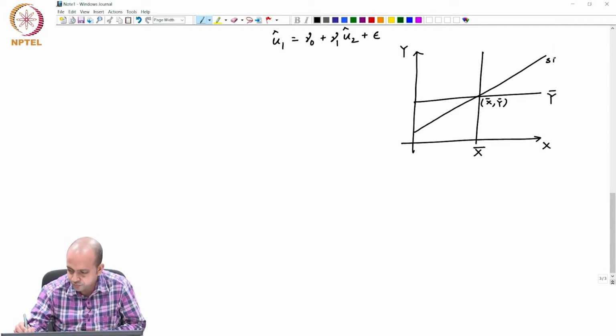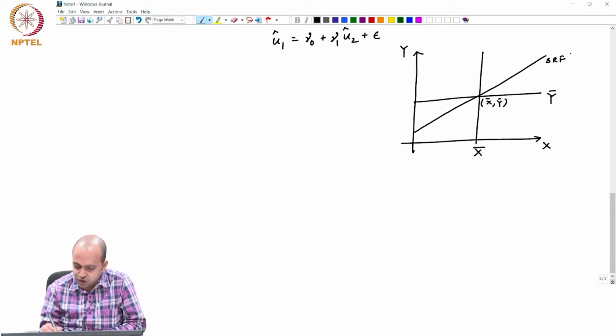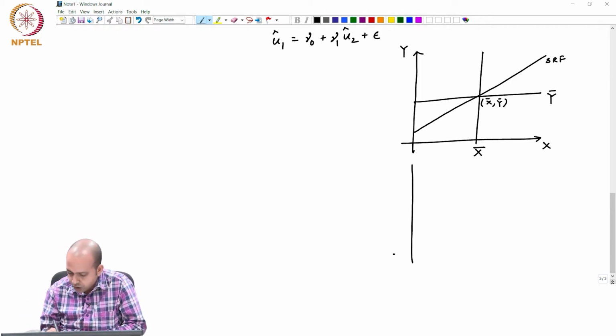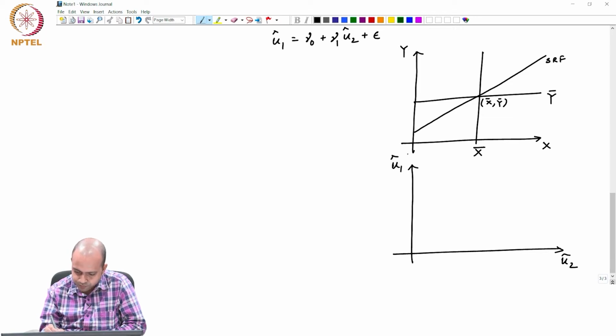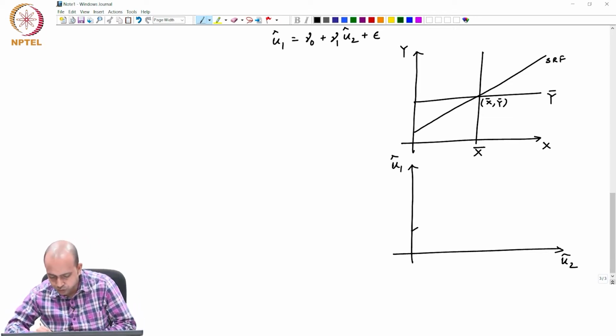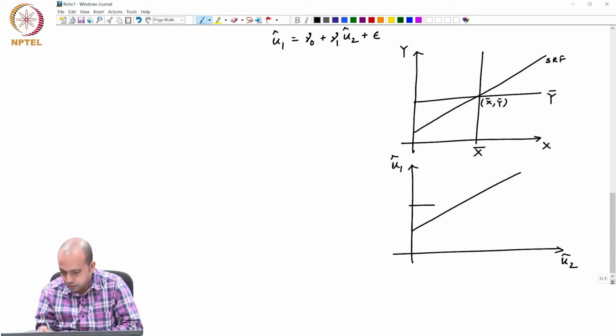This is the SRF. Now, in this regression, if you replace x by u2 hat and your dependent variable here is u1 hat, then that should also pass through the point u2 bar, u1 bar.